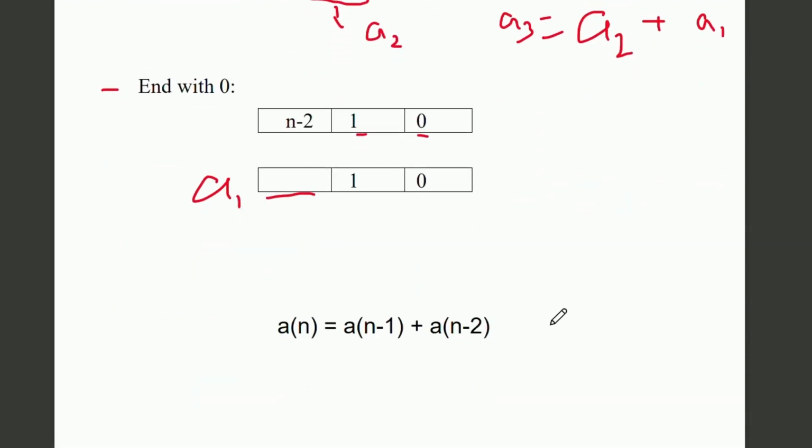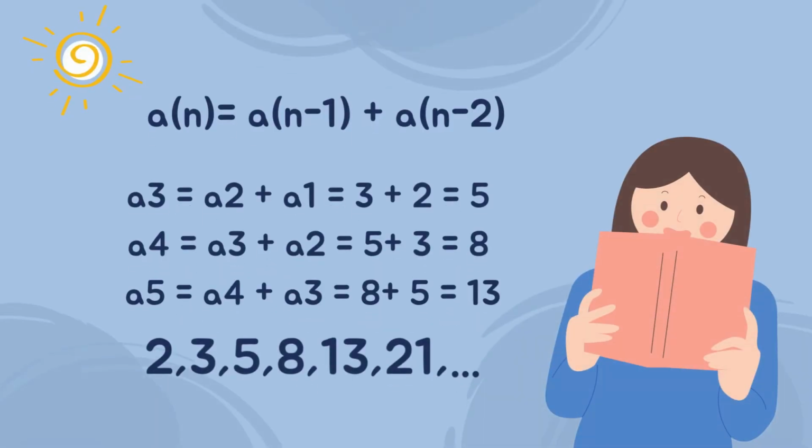And overall, this is the recurrence relation. Using the recurrence relation, we can get A3, A4, and A5 based on the previous terms. And notice that the sequence resembles the Fibonacci sequence, because 2 plus 3 is 5, and 3 plus 5 is 8, and so on.